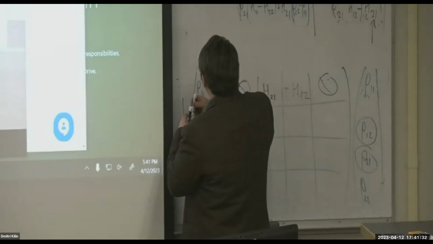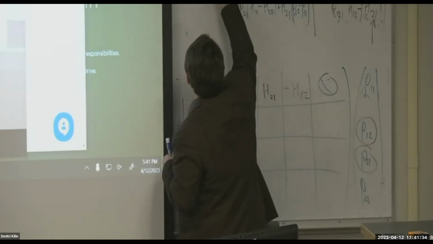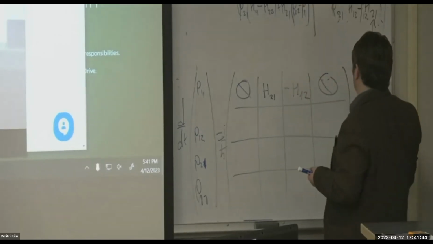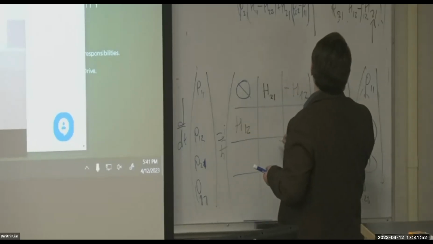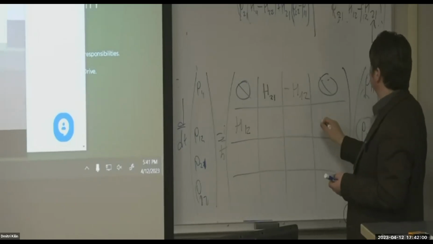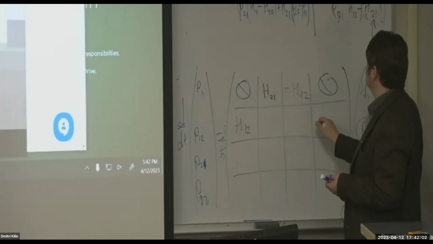Right? Now let's look for contributions to the first of the coherences. So it is contributed by the first population with positive sign and with H12. It is contributed by the population of the excited state with negative sign H12.